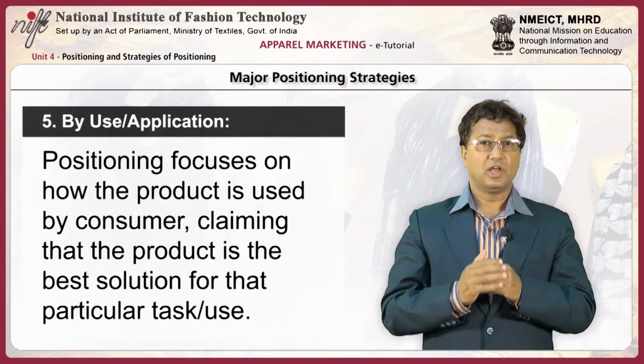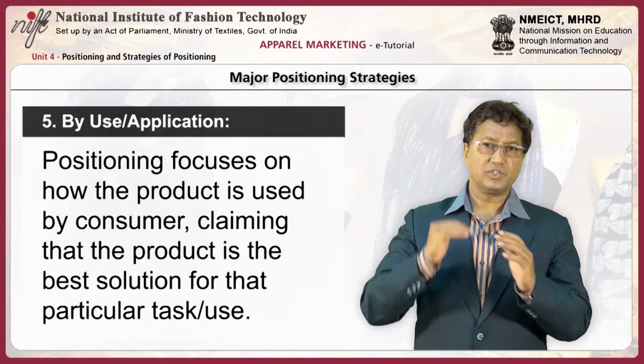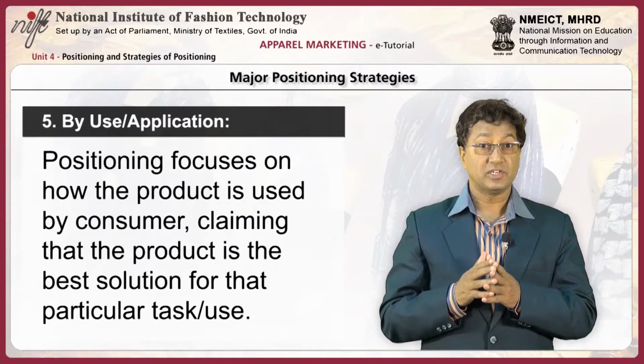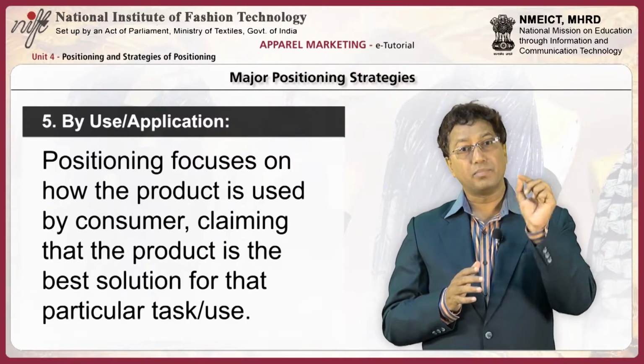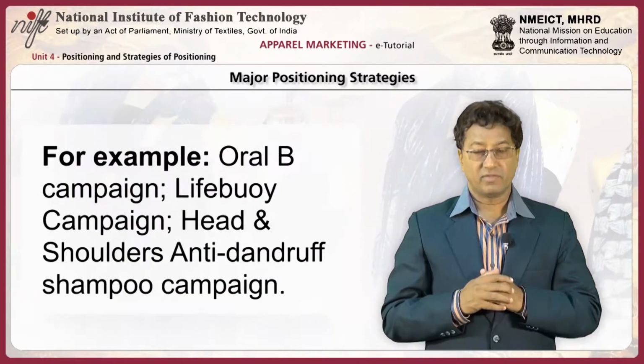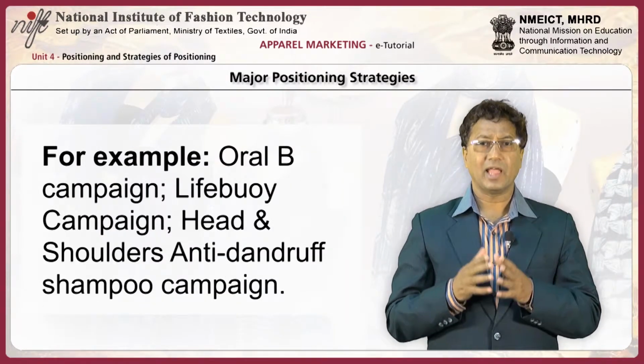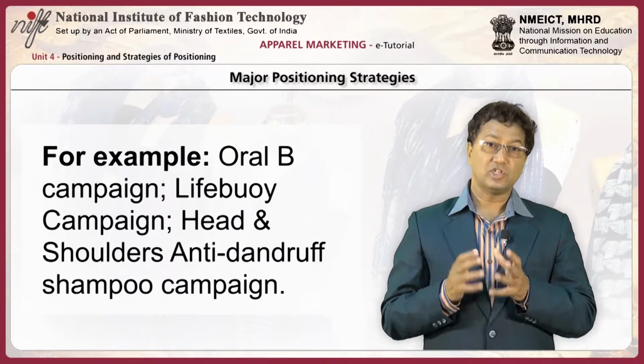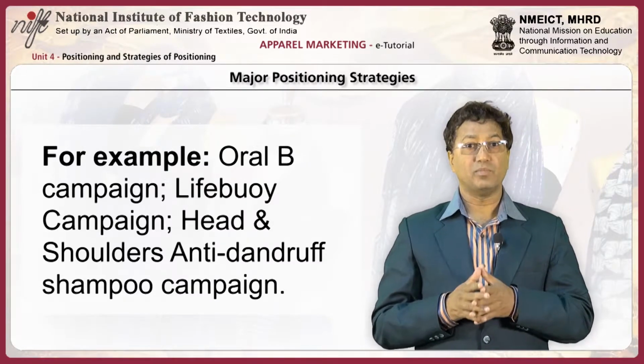Positioning focuses on how the product is used by the consumer, claiming that the product is the best solution for that particular task or use. For example, the Oral-B campaign, Lifebuoy campaign, Head and Shoulders anti-dandruff shampoo campaign.